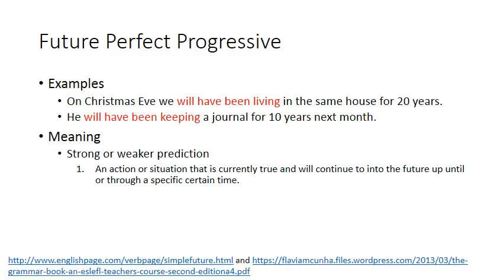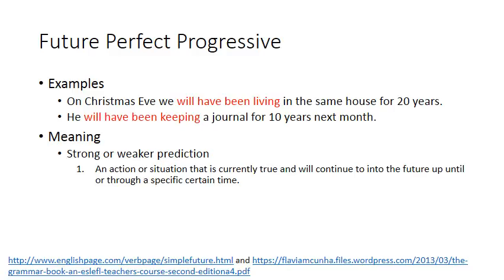So if we look at the first example, the first event that happened was starting to live in the house. That happened in the past, has continued into the present, and will continue into the future up until Christmas Eve. Okay, at Christmas Eve, that's our second time.